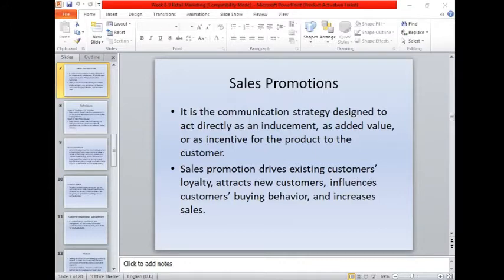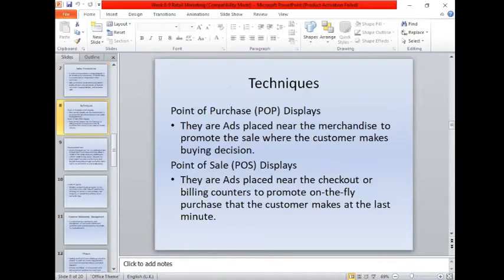So what are examples of a sales promotion? Like buy one, take one, discounts, off sales, a freebie when you buy a product, even membership cards that earn points. That is also part of sales promotion. Okay, so those are the retail marketing mix, or the retail marketing.